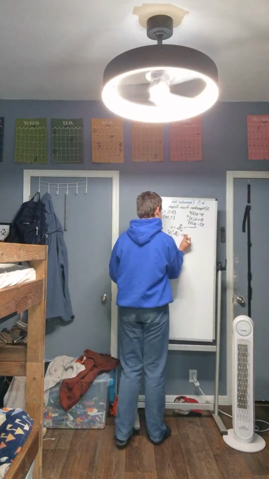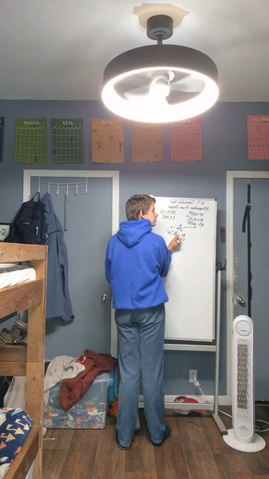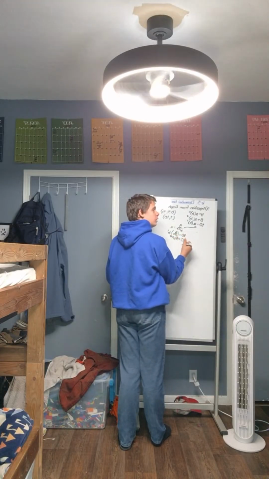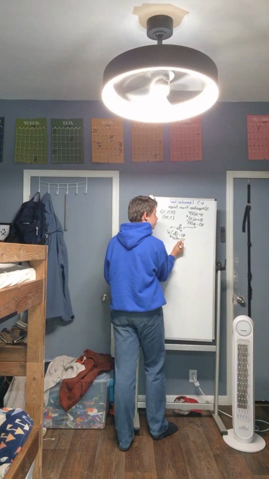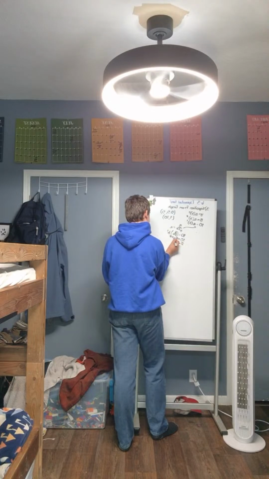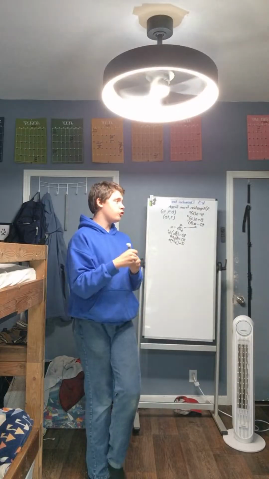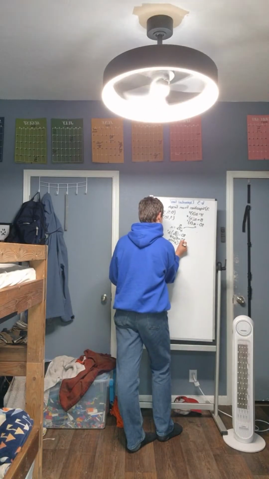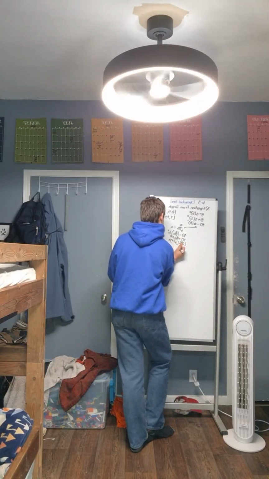And now we look at 10 equals 5 times B to the 0.5. And then we would put 2 equals B to the 0.5. 2 squared is 4, and that is B.